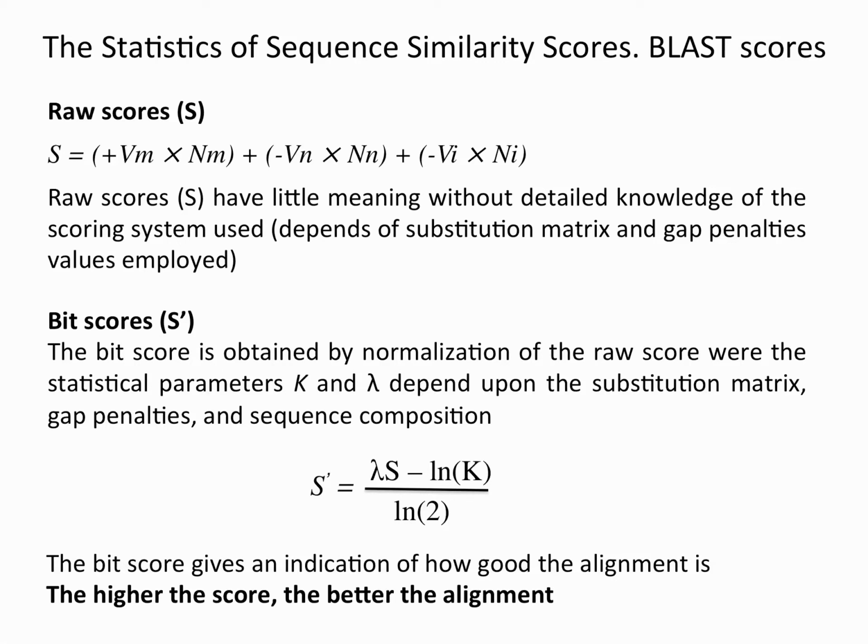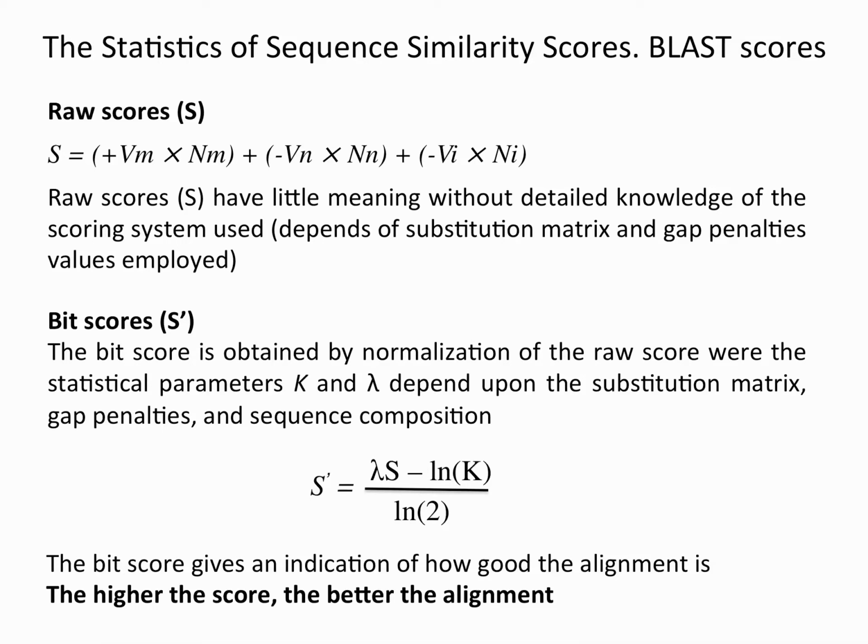That's why, in similarity searches, a bit score is more useful. By normalizing a raw score using this formula, one attains the bit score, which has a standard set of units.